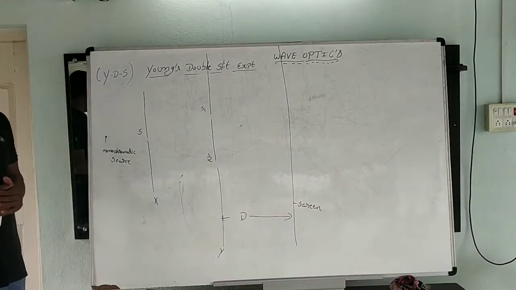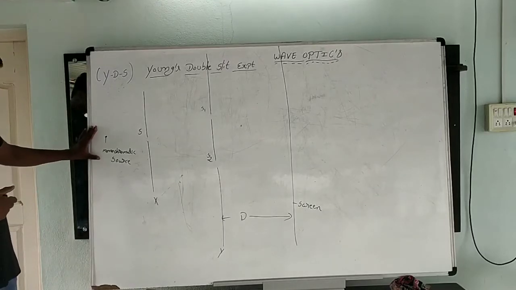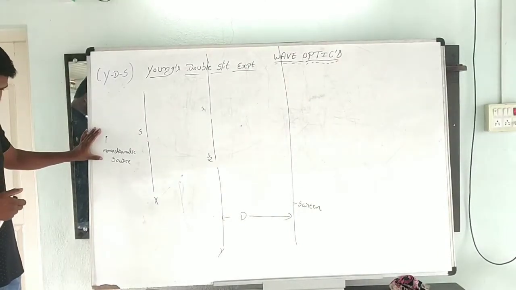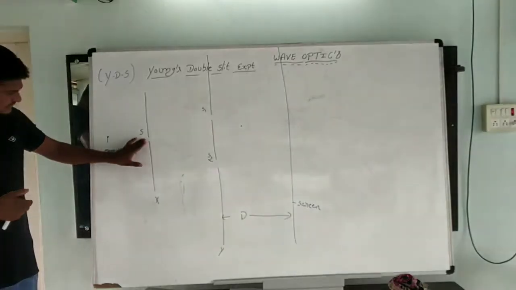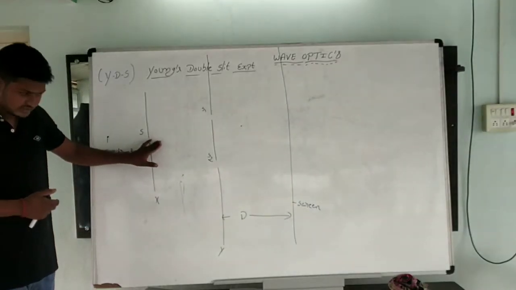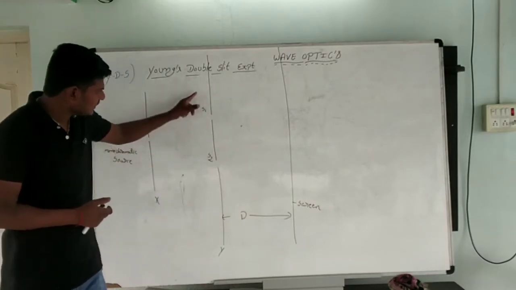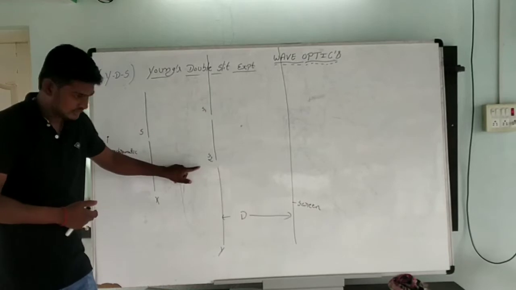This is the experimental setup of Thomas Young. The light waves emitted from the monochromatic source are made to fall on a single slit S. From S, the light waves fall on a screen having two slits, S1 and S2.